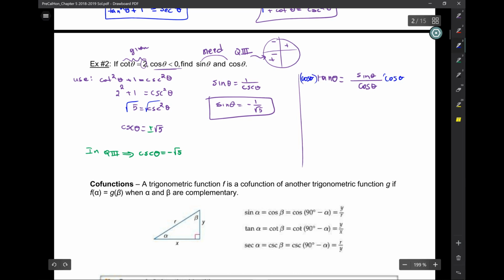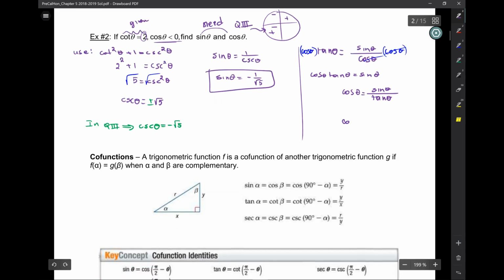Let's multiply both sides by cosine of theta. Yes, we could have done it in one step. So I have cosine theta times tangent theta equal to sine theta. What do I need? Cosine, right? Cosine of theta is sine over tangent of theta.